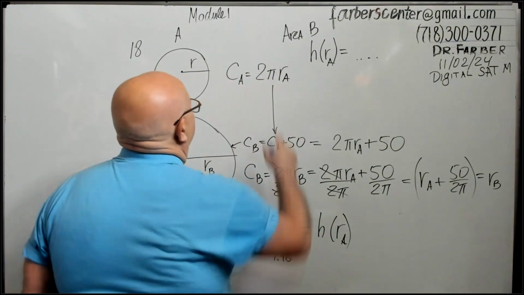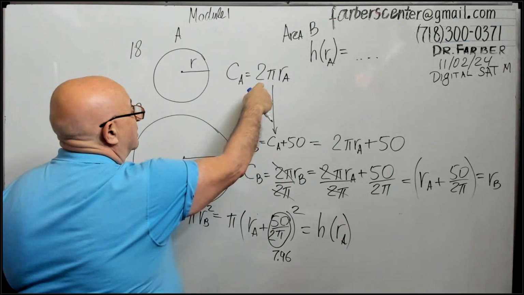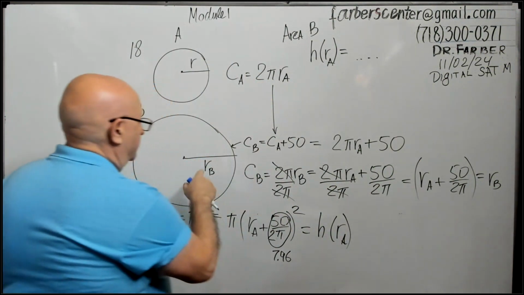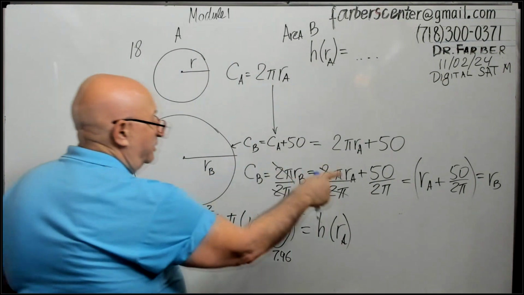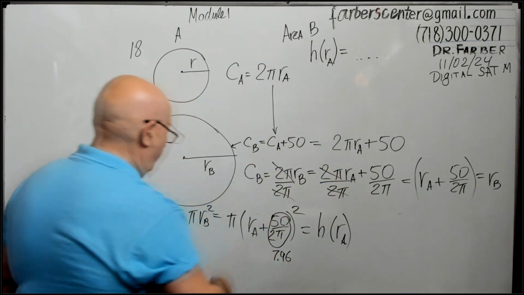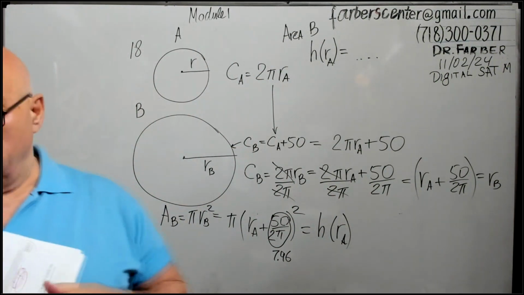Actually, what I did, I found one circumference, then another circumference in terms of this one, expressed the radius of the bigger circle in terms of the small circle, and got the area by pi r squared. Do you understand this 100%, students?